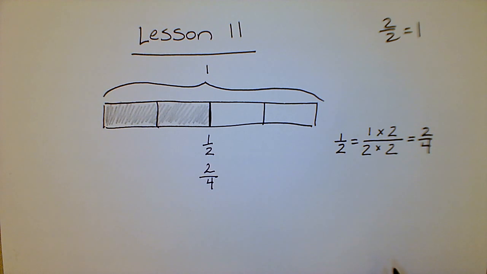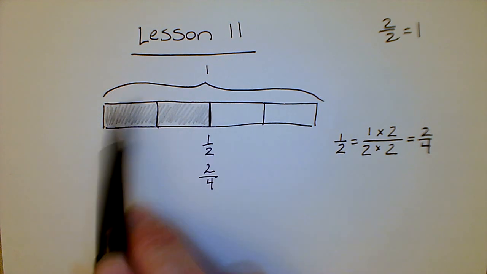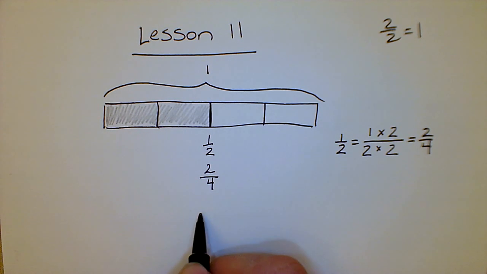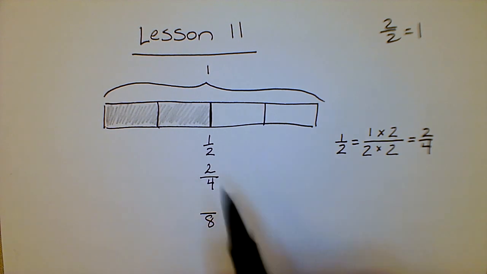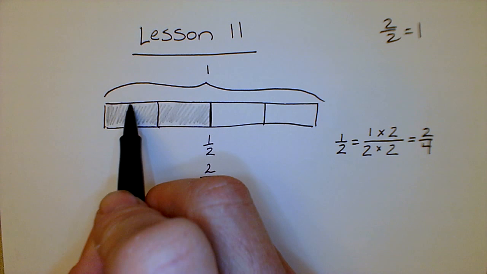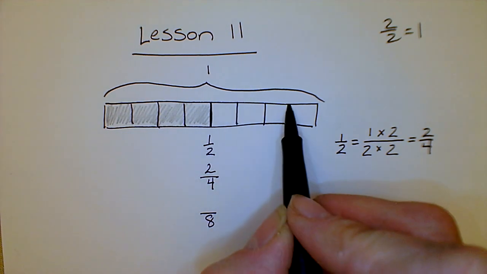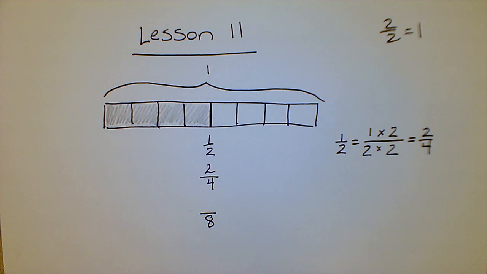So the next thing that I want to do, we started with a half, we turned it into fourths. Now what I'd like to do is turn those fourths, or decompose those fourths, pull them apart, into eighths. So I'm going to go ahead and just write an 8 down here. And to do that, I'm going to split these, or partition them, each in half again.